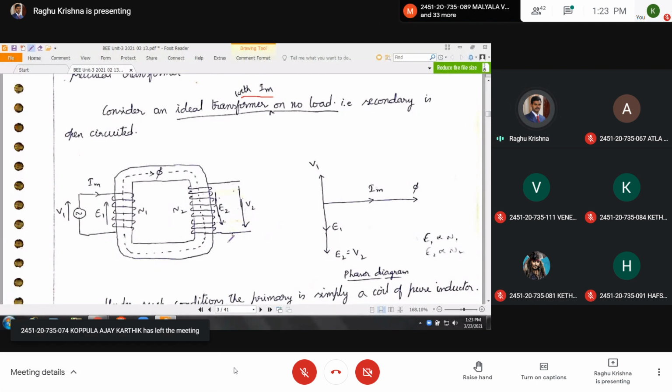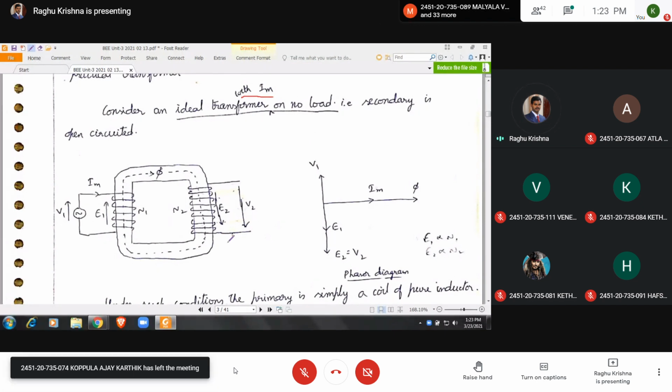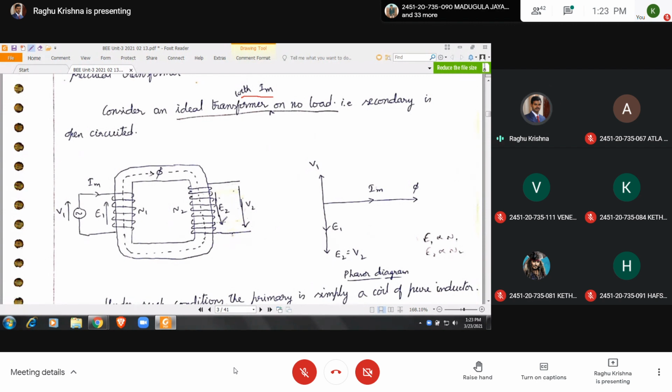Open means no current, and no current means no voltage drop. So the terminal voltage will be equal to the induced EMF E2. So V2 and E2 will be the same. This is the phasor diagram of the ideal transformer under no load.